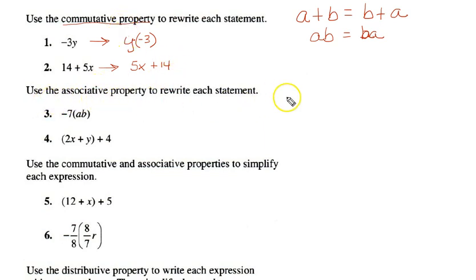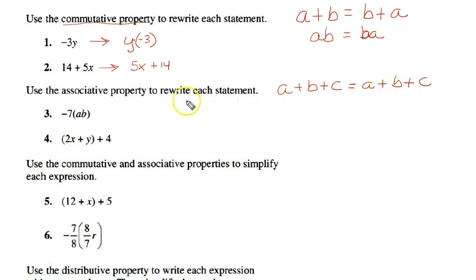All right, now the associative property, let's show the rule of it. A plus B plus C equals A plus B plus C. And you might say, well, wait a minute, they're exactly the same. This is an identity.